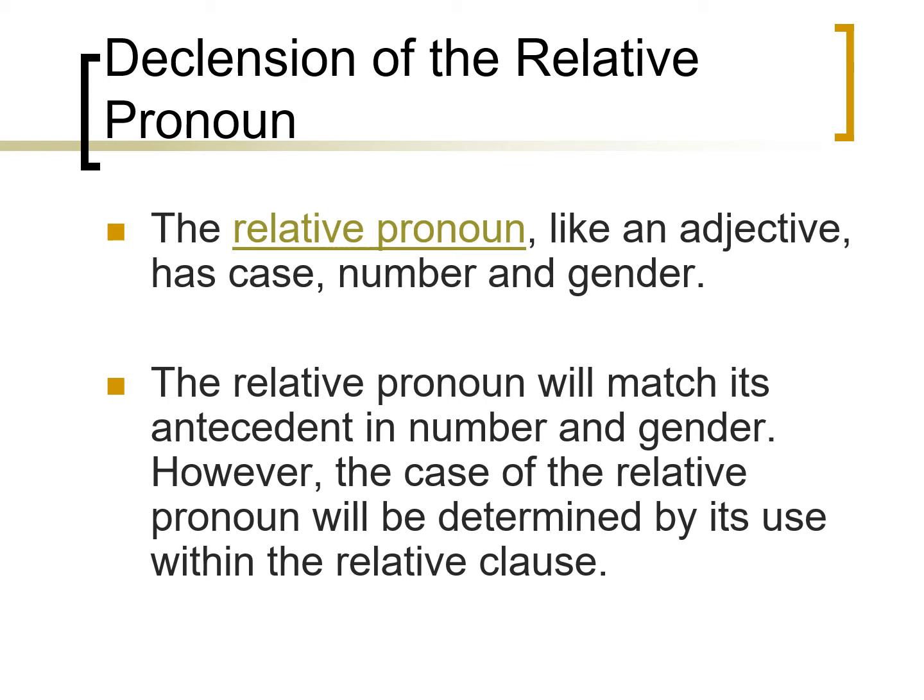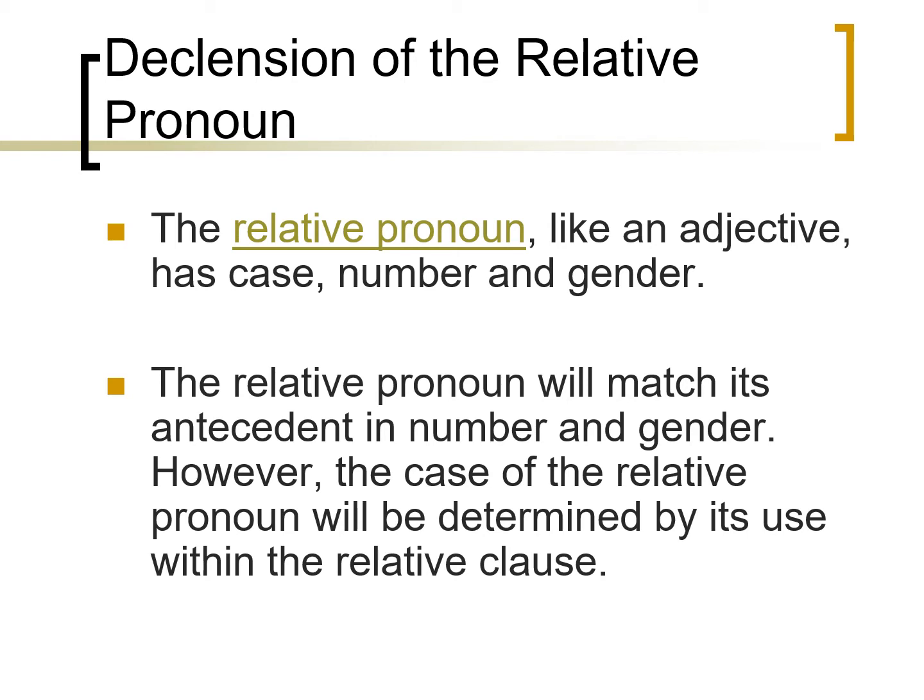So in Latin, the relative pronoun is much like an adjective. So an adjective has to have case and quantity. And I've told you also gender. Because it has to match the noun, it has to agree with the noun.